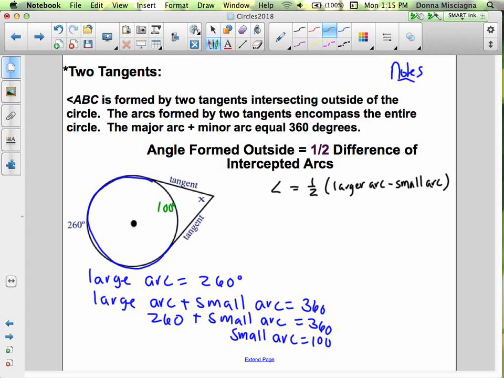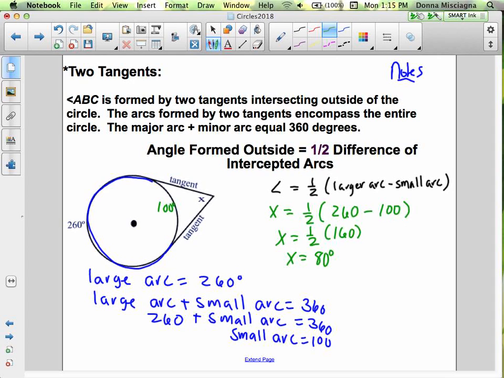This one's not too difficult of a problem to solve. So x is going to be equal to 1/2 of the large arc, 260 degrees, minus the small arc, 100 degrees. So x is equal to 1/2 of 260 minus 100, which is 160. And that means x equals 80 degrees.